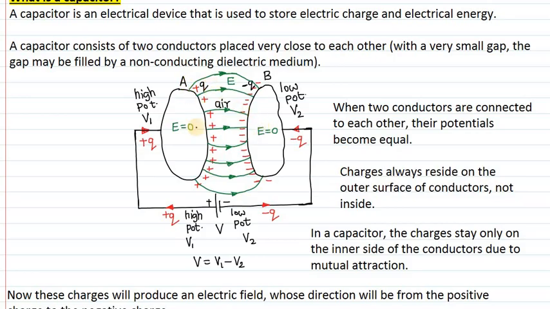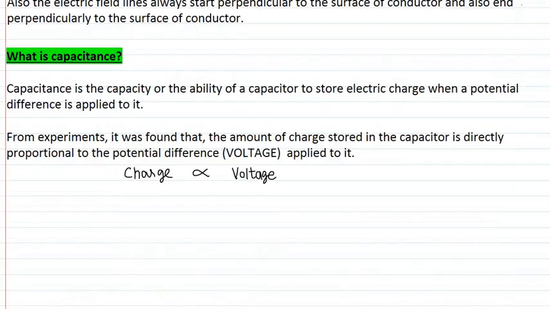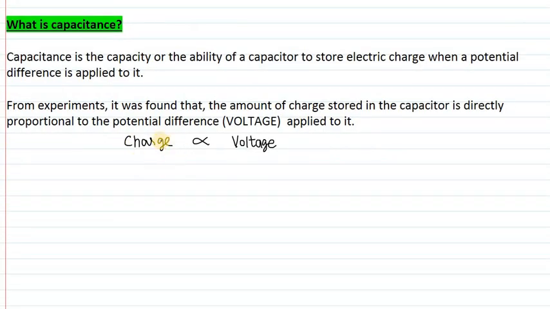So we'll say that this capacitor stores charge Q. Although the total charge is 0, we will say that the charge on the capacitor is Q. So the charge means the charge on the positive terminal.